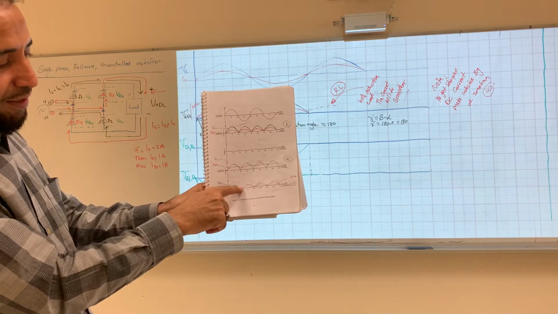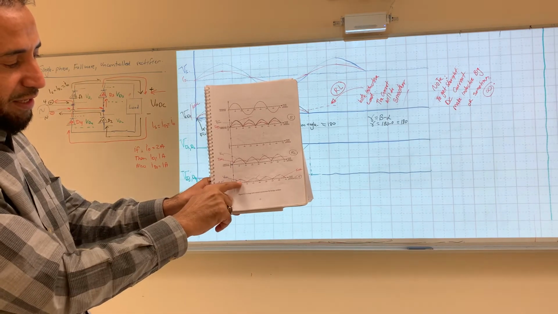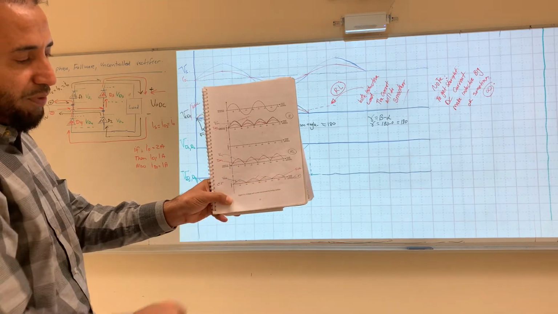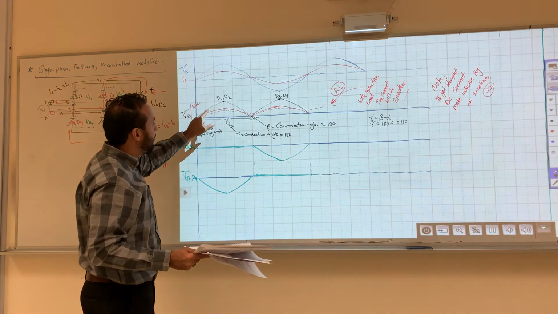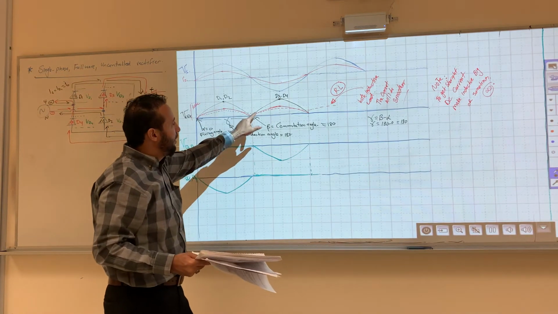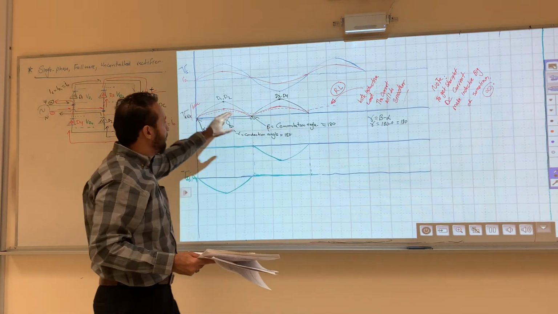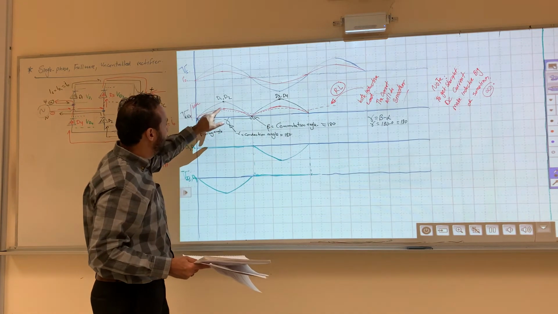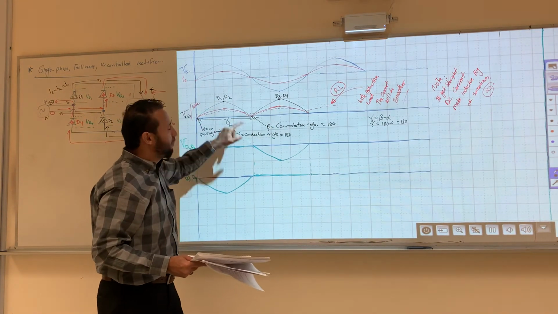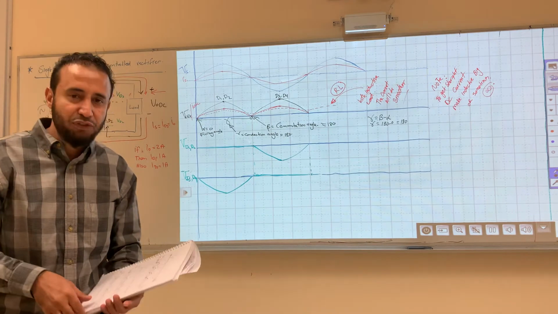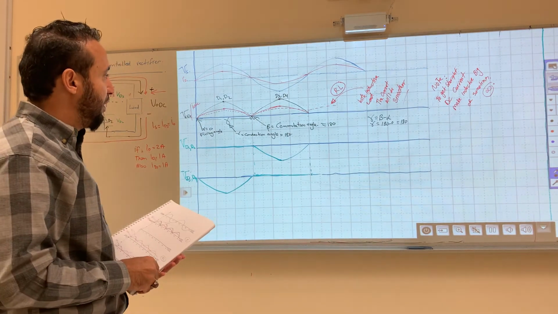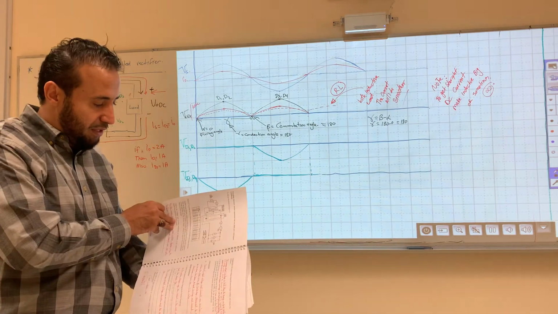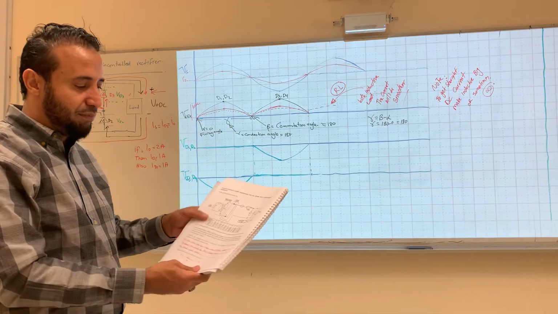See here, that's the peak for the voltage, and that's the peak for the current. So it will be the same as this one here without the inductor, but the peak is less. So the voltage will be here and the current will be half. That's the center tap. So after you're done in your lab with the bridge rectifier, you're gonna connect the center tap. Okay, and that's the center tap.